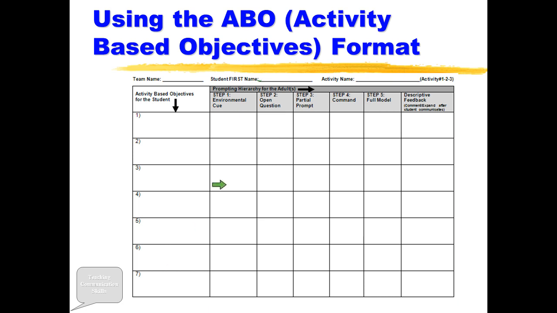The whole rest of the script is for what the adults say. If the student doesn't say a message, these are the suggested hierarchy of what an adult can say in a least to most way, so they don't immediately grab the kid's hand and slam it on the device, because the student's not going to learn that way.